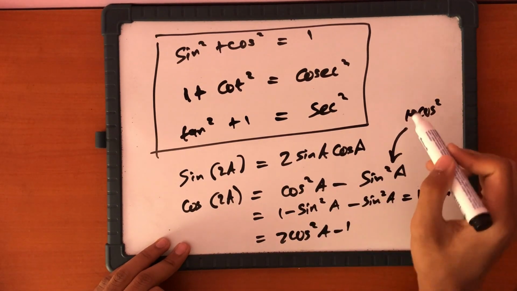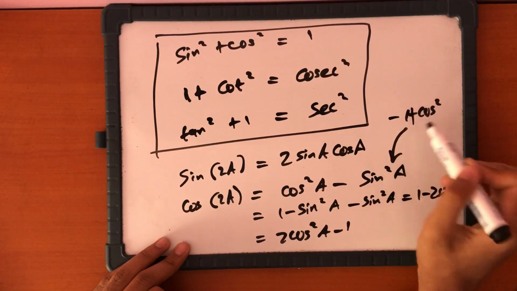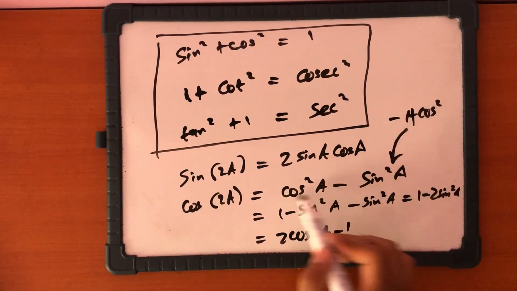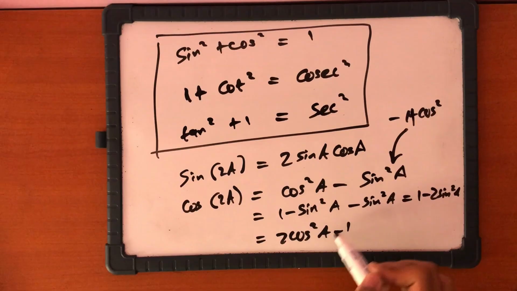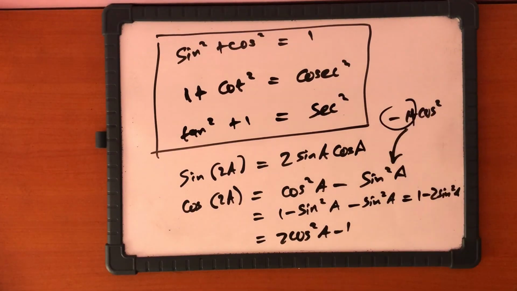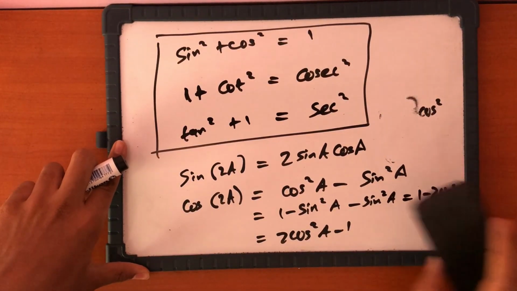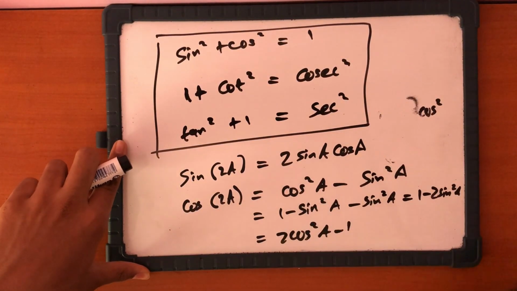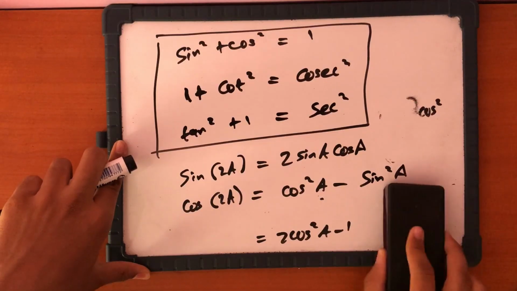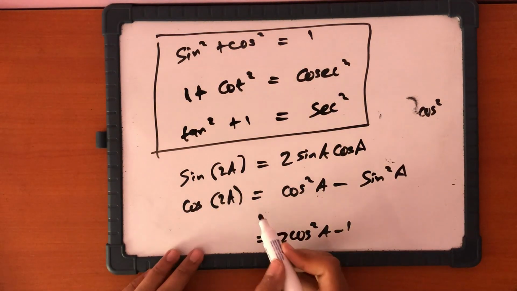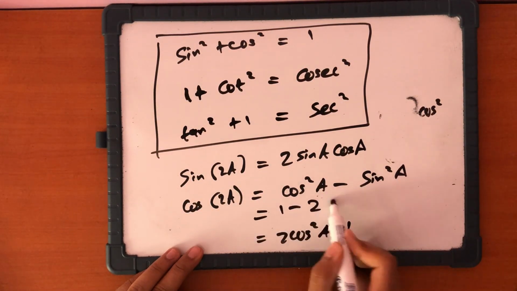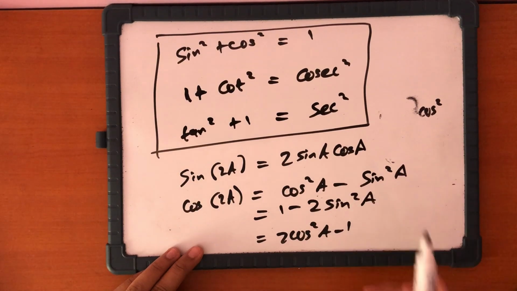Because that negative sign will make both of this, will now make it like that, and then that original cos squared plus cos squared, 2 cos squared minus this one. So in conclusion, you need to know all this. So let me just write this as 1 minus 2 sine squared a.